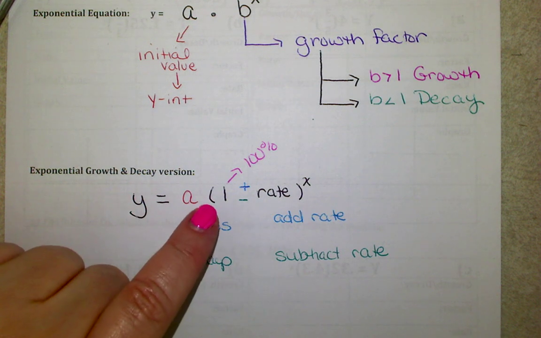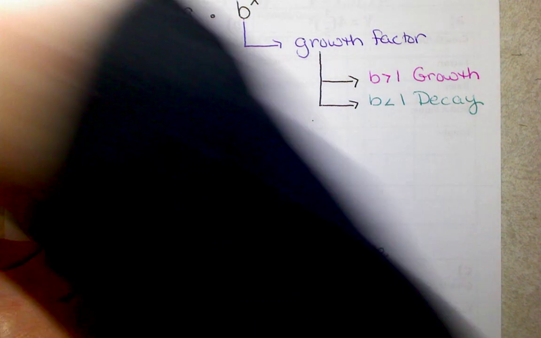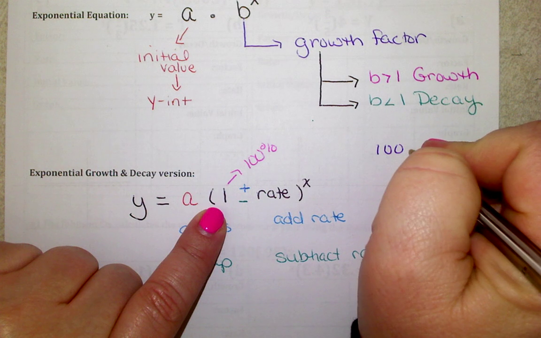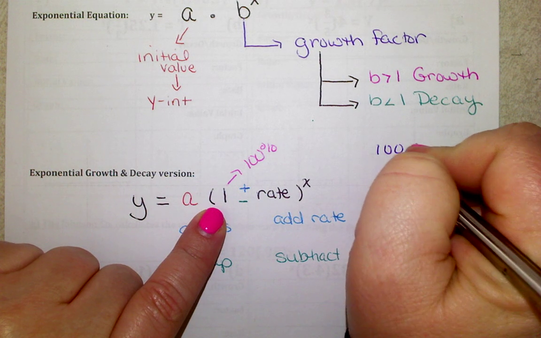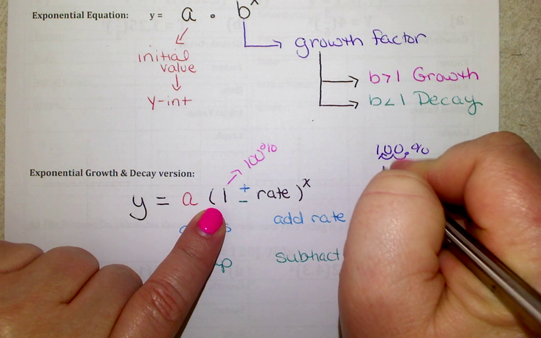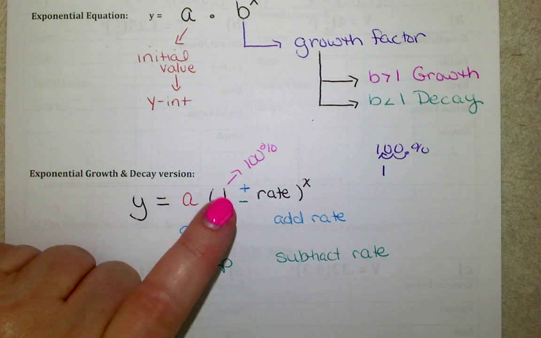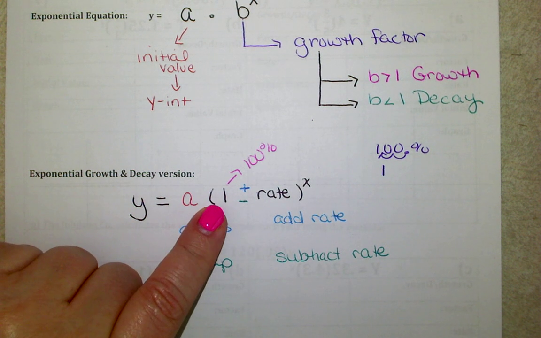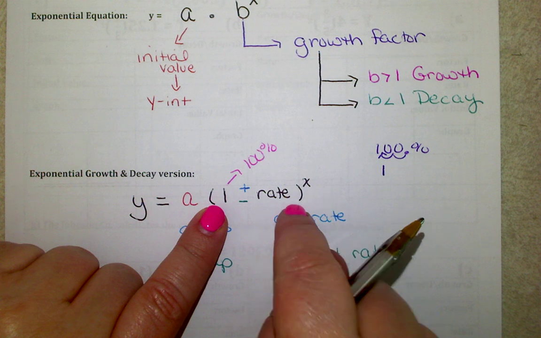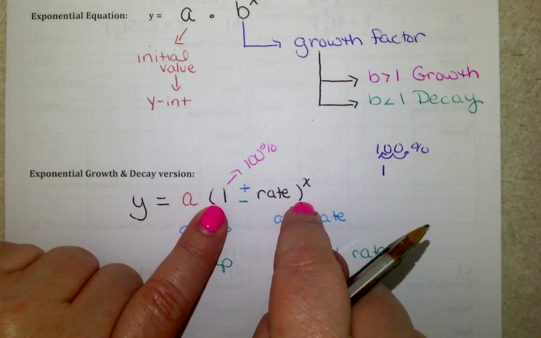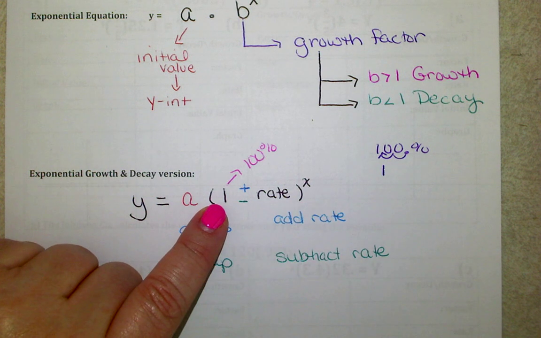So here's 100%. As a decimal would be a 1, wouldn't it? So that's what that 1 right there represents. 100% of what you started with, plus or minus any additional rate that you increase by or decrease by.